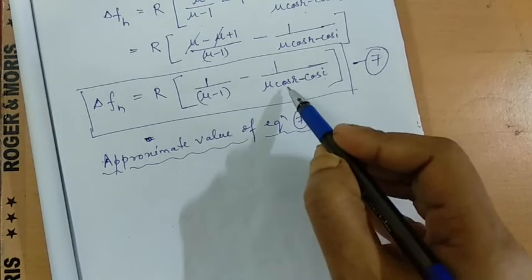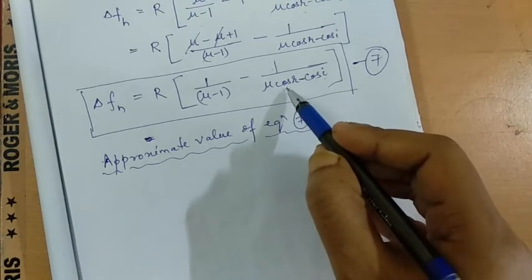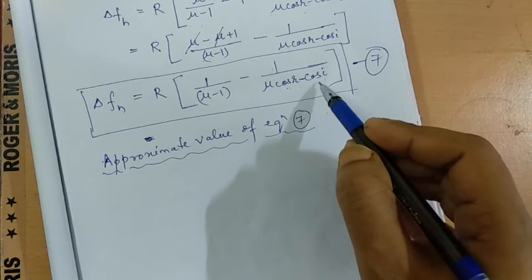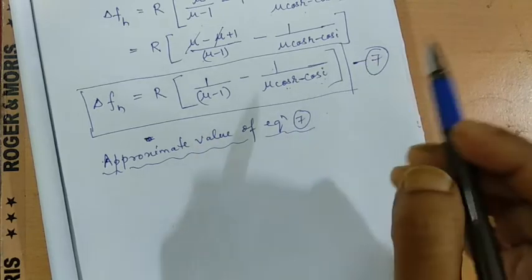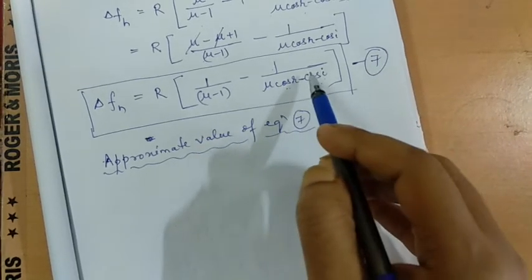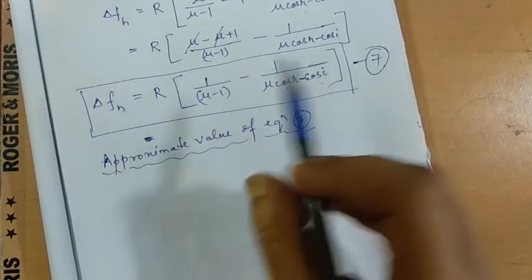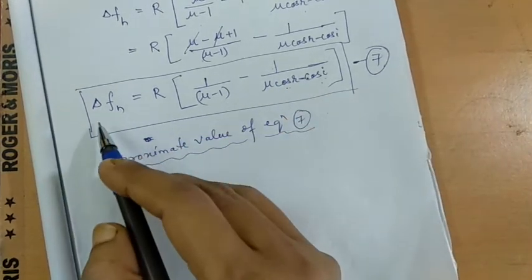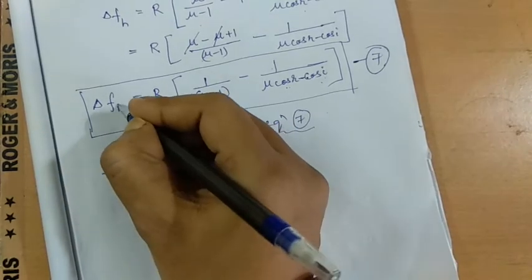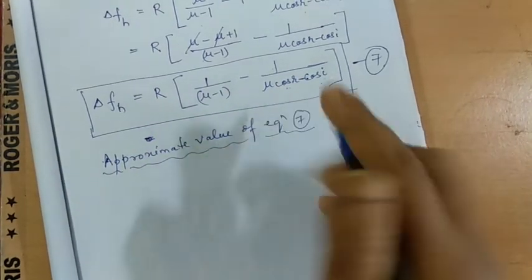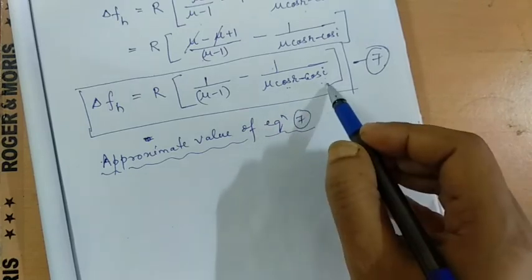You have to find the value of cos r, then the value of cos i, and substitute those values in equation 7. Then we will solve it and get the approximate value for del fh. So let's see how to calculate this cos r and cos i.